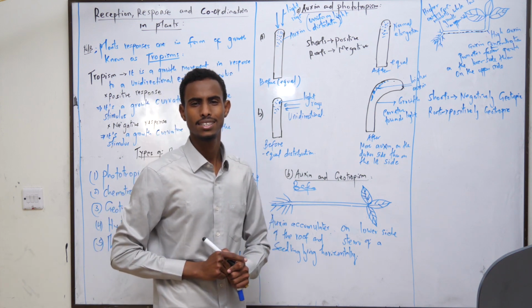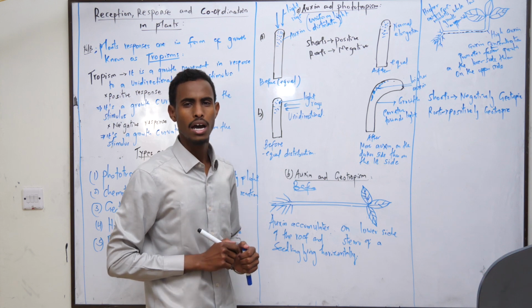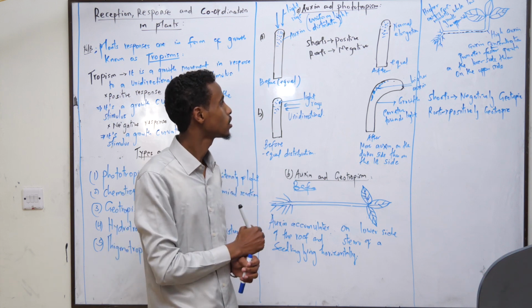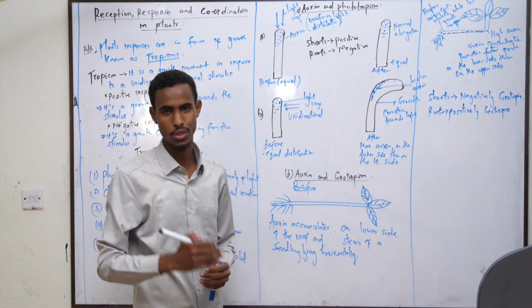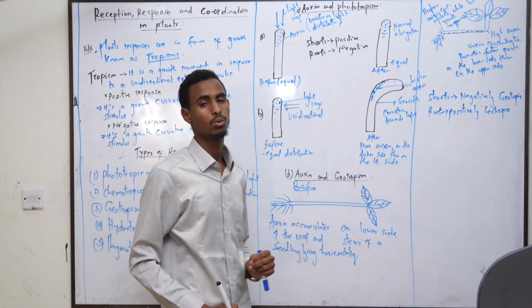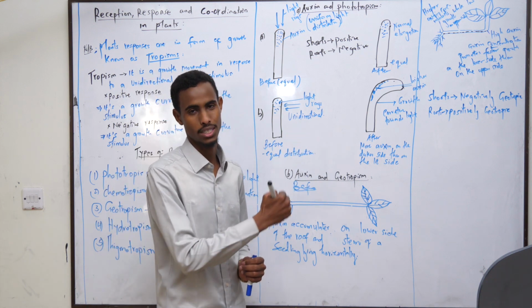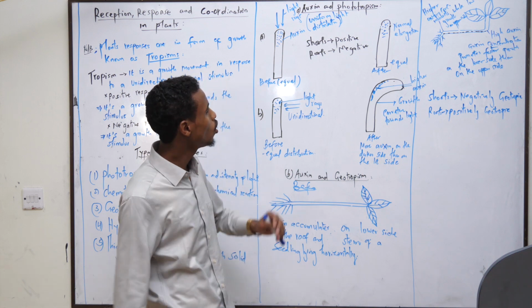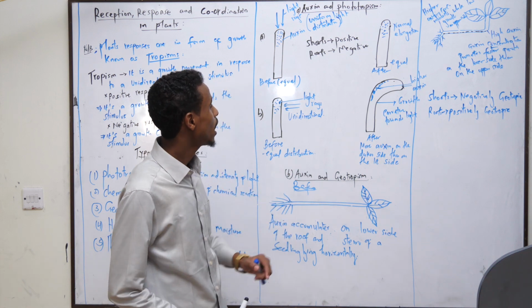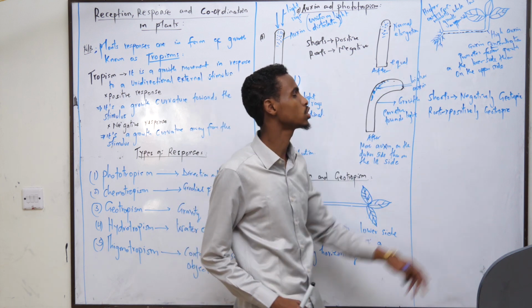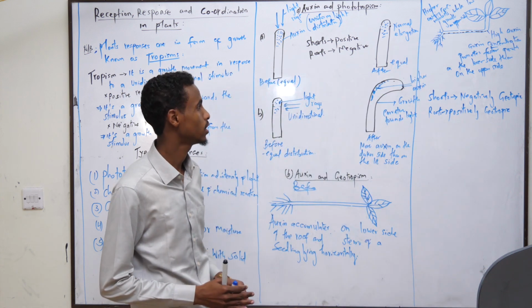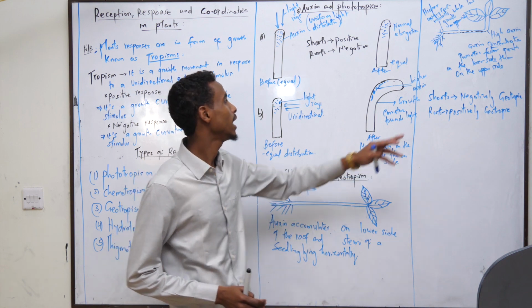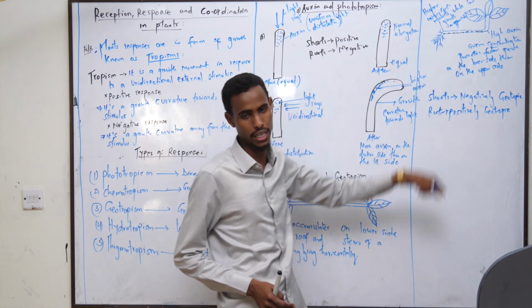But we know that at the root level, low auxin concentration promotes faster growth as compared to when it is highly concentrated. Therefore, low auxin concentration on the upper side of the root promotes faster growth. Therefore, it will elongate, hence curving downwards.